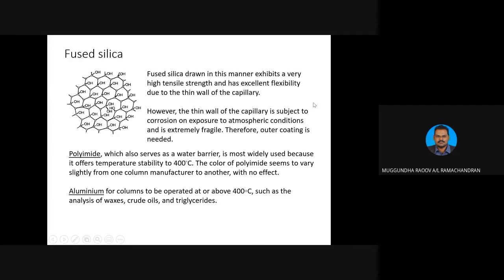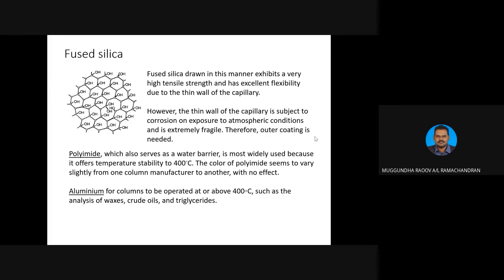Fused silica exhibits a very high tensile strength, and also has excellent flexibility due to the thin wall of the capillary. However, the thin wall of the capillary is subject to corrosion on exposure to atmospheric conditions and is extremely fragile. Therefore, the outer coating is needed.